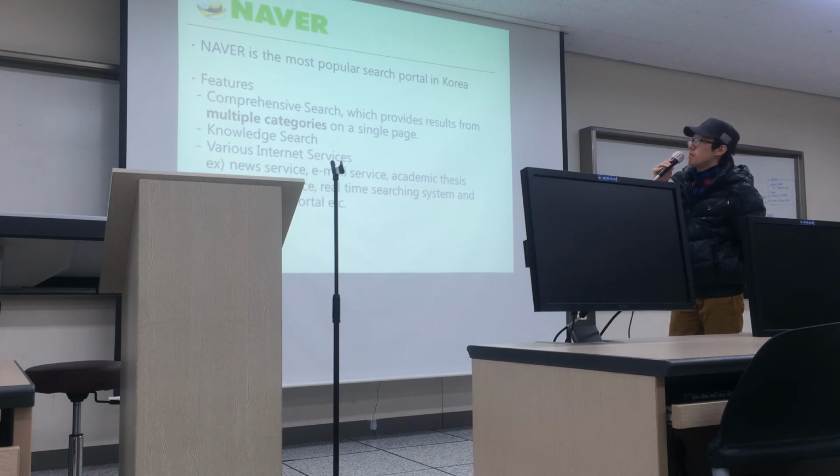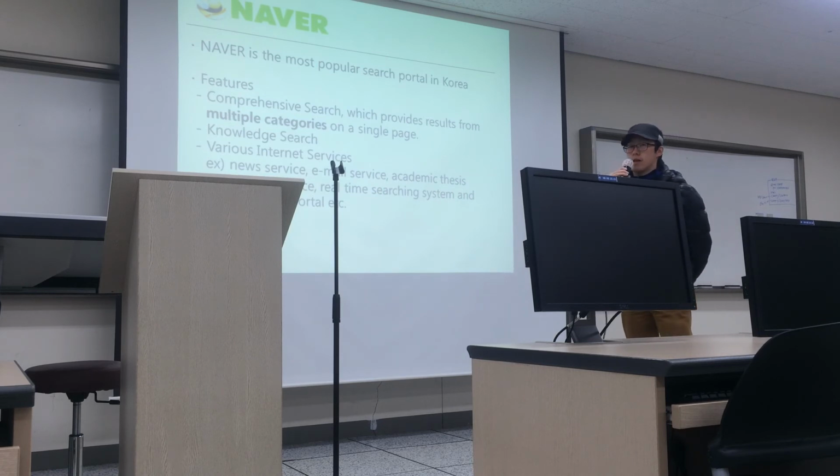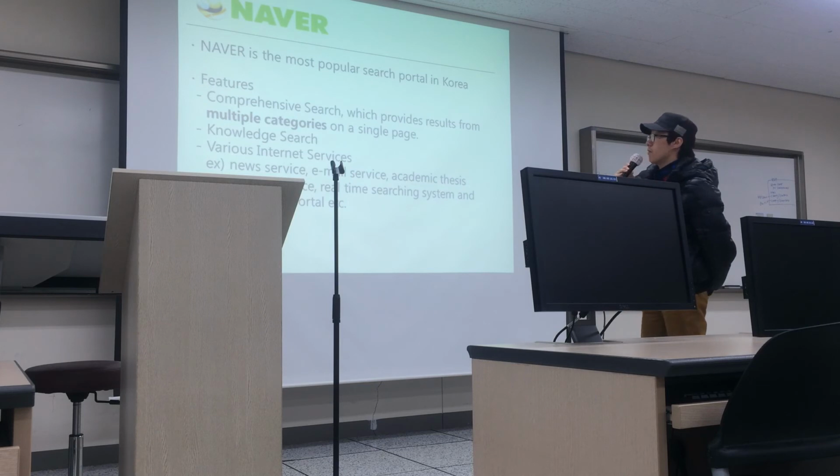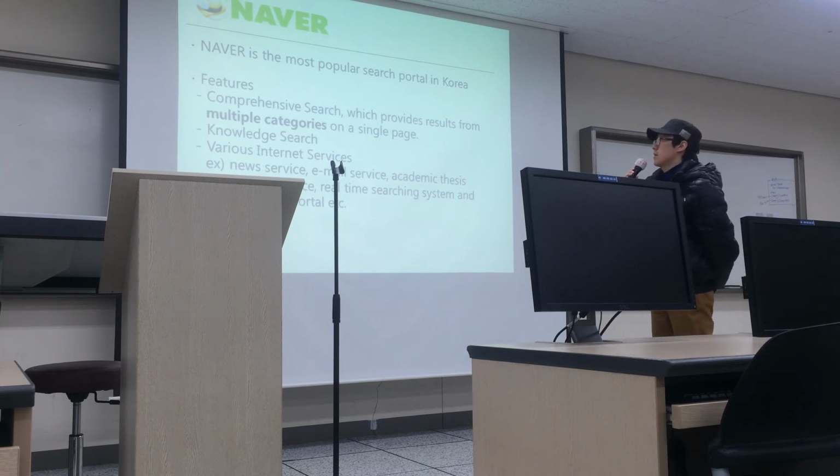For example, we introduce the Naver search engine to you. First, Naver is the most popular portal in Korea. Naver has many features. For example, Naver has comprehensive search, which provides results from multiple categories on one page.